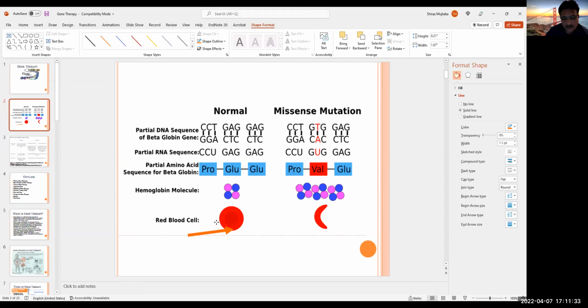So from an evolutionary or environmental point of view, it's possible that human genetics developed a mechanism to become resistant to malarial infection.